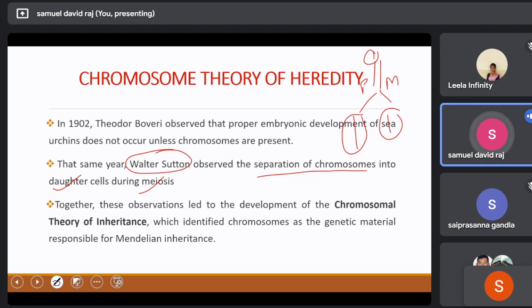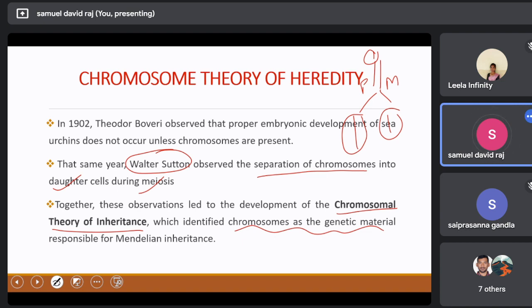Putting together these two things, they developed the theory called the chromosomal theory of inheritance. We can also call it the chromosomal theory of heredity, which identified chromosomes as the genetic material responsible for the inheritance of Mendel's factors.